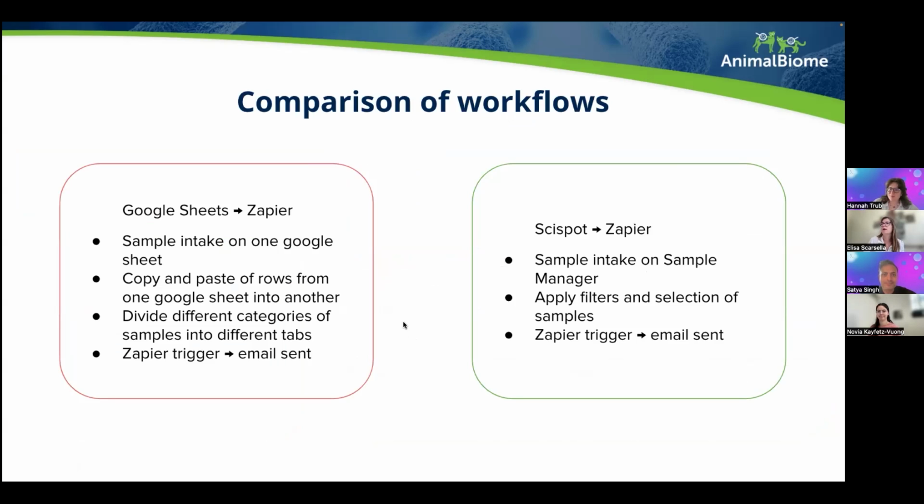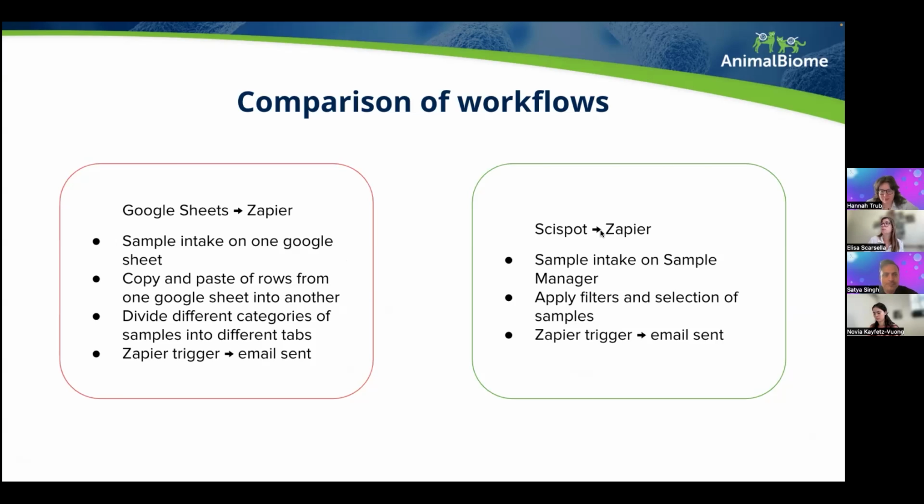So I would just conclude with this slide, which is a comparison of the two different workflows. Zapier through Google Sheets is time consuming and a very long process for all of us because, as you noticed from the previous slide, we need to update multiple Google Sheets in order to get Zapier to be triggered and send the emails to our customers.